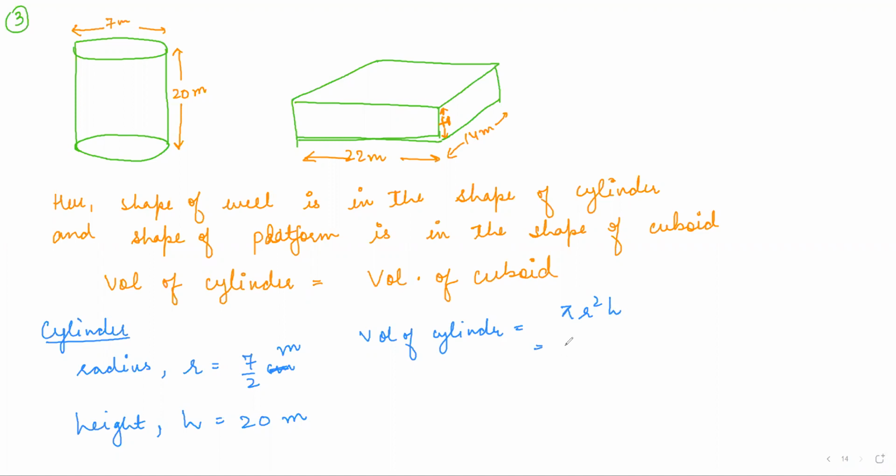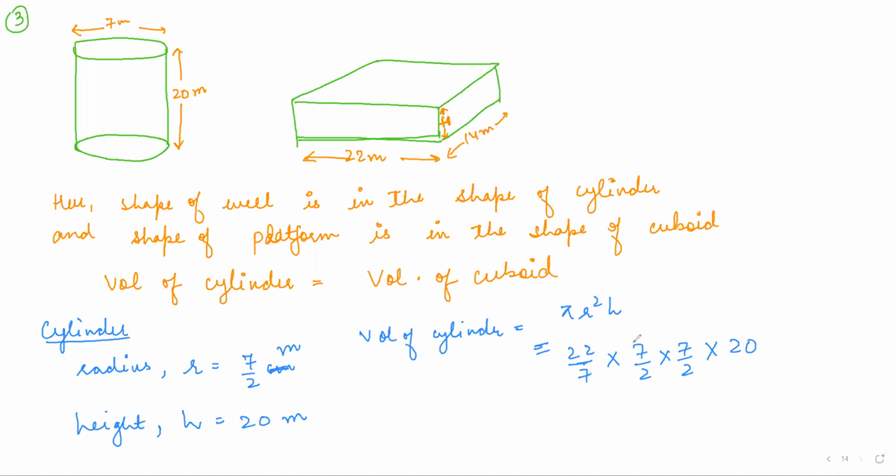Now see, the cuboid doesn't have pi in the formula, so you have to put it here, right? When both formulas have pi and you equate them, it actually cancels out from both sides. But the cuboid volume is length into breadth into height. There's no pi. So you better put it, into radius, that is 7 by 2 into 7 by 2, and height is 20, right?